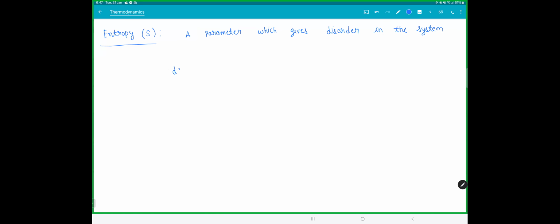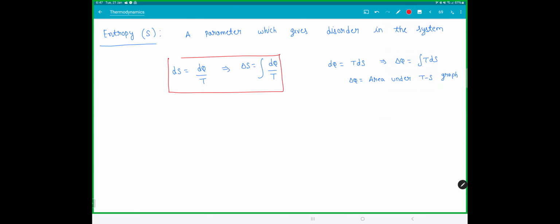So the main formula is the entropy dS is given by dQ by T. This can also be written as delta S is equal to integral dQ by T. Or you can also write dQ is equal to TdS, which is delta Q is integral TdS. So this is also the area under the TS graph. T is temperature and S is entropy. These are the main things to remember.